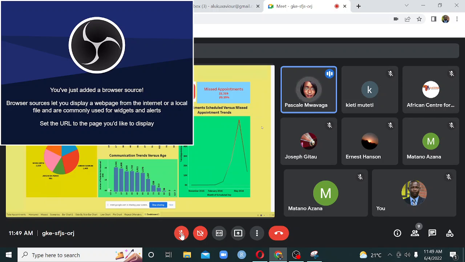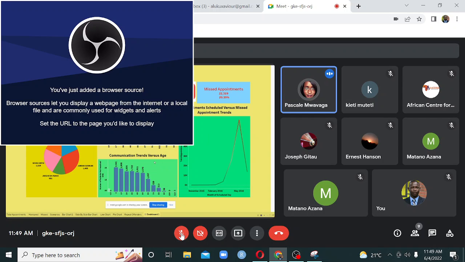So this is just my dashboard showing a summary of all that I have explained. So we have the trends of when we have the peak appointments and also the peak no-shows. We have the repeat offenders who are not showing up for their appointments more than once.